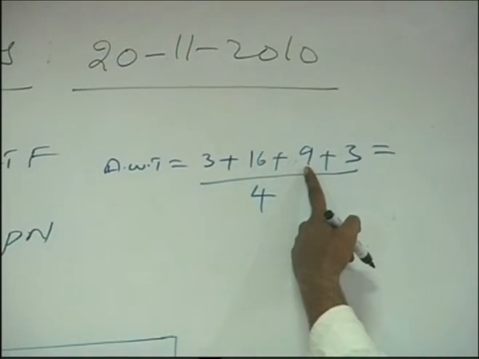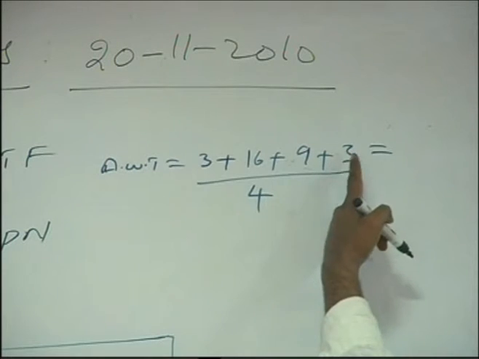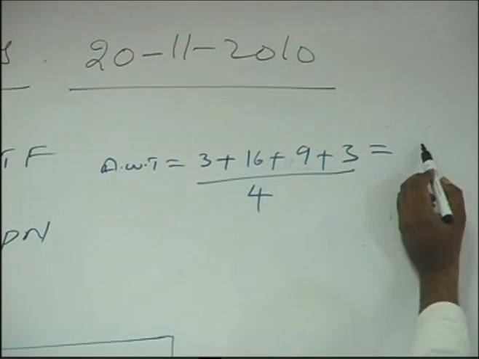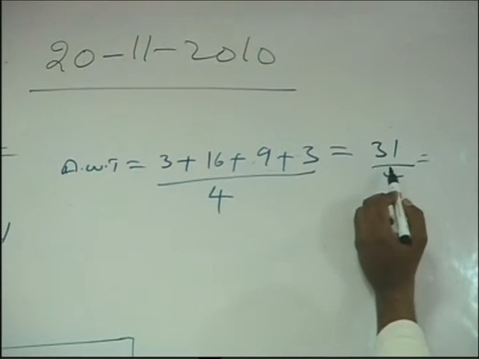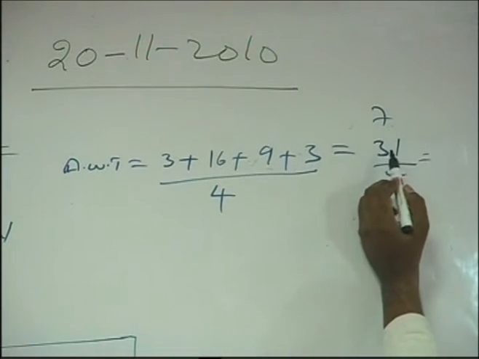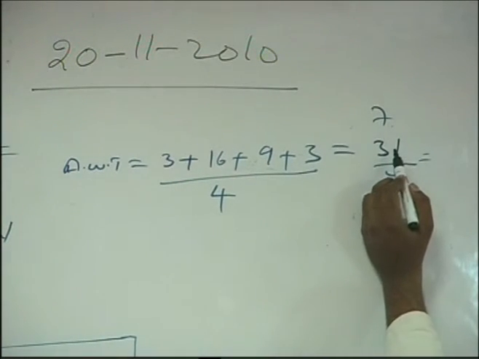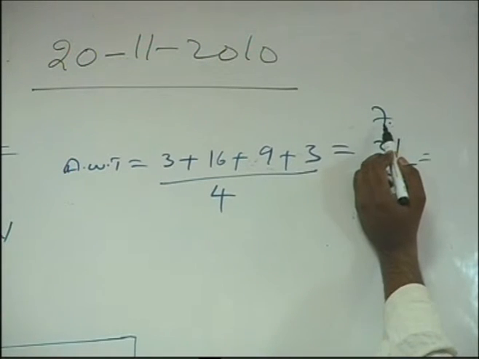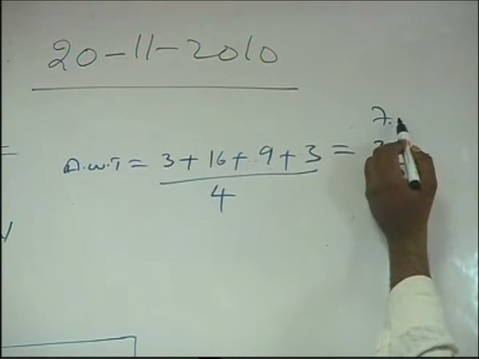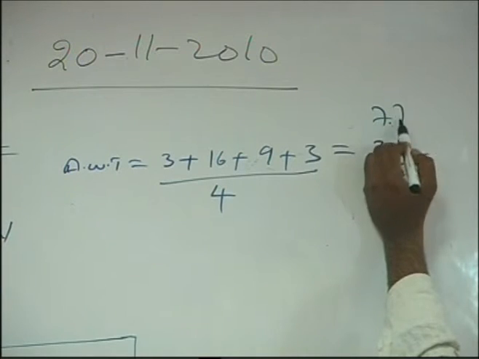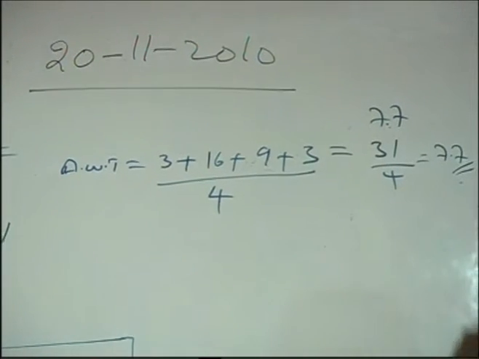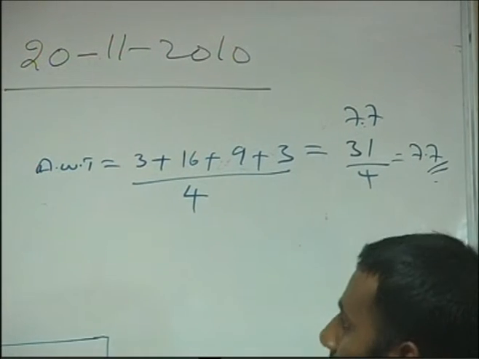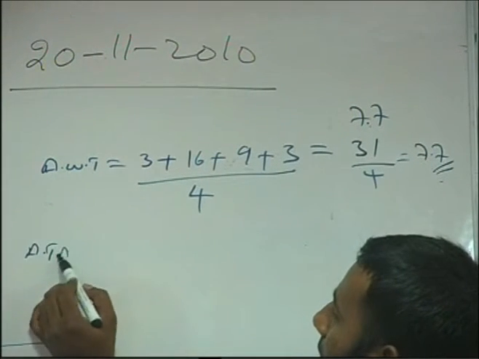So the sum is 31, divided by 4, which is 7.75. So 7.7 units is the average waiting time.